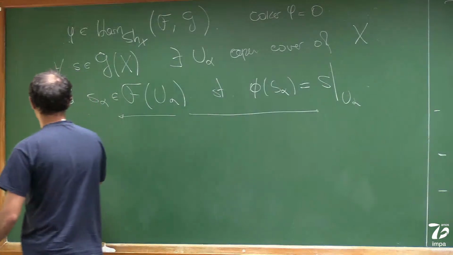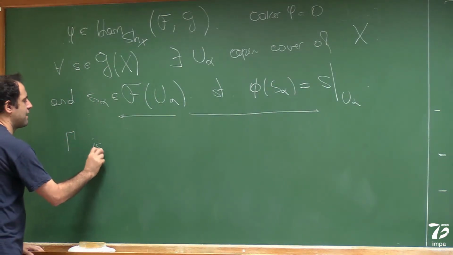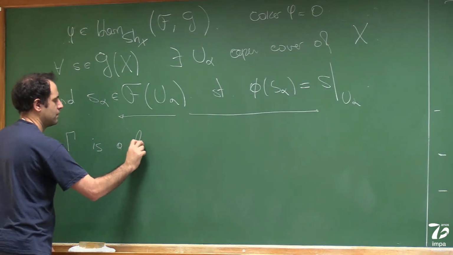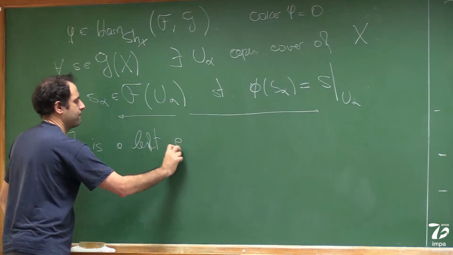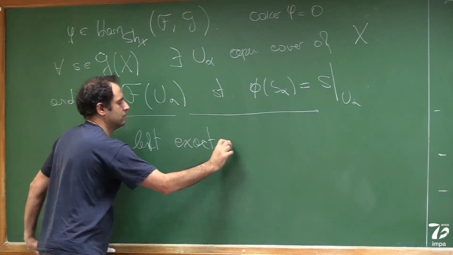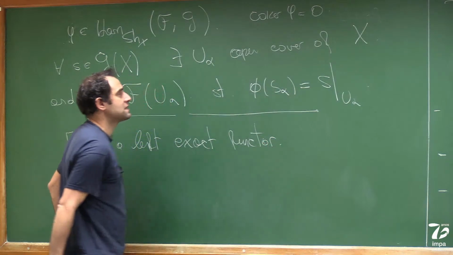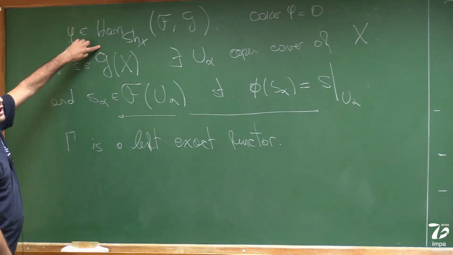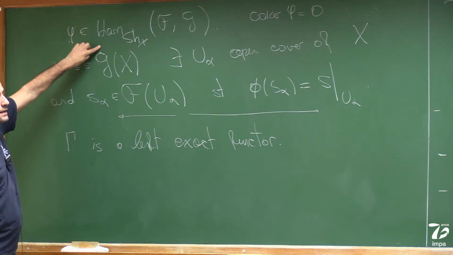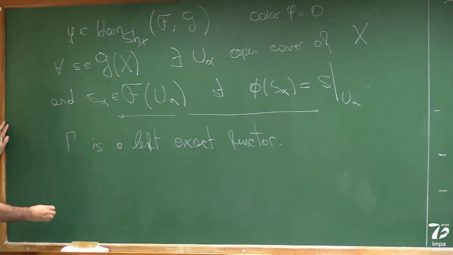So gamma is a left exact functor. And we've just seen that it does not necessarily have to be right exact. Okay?